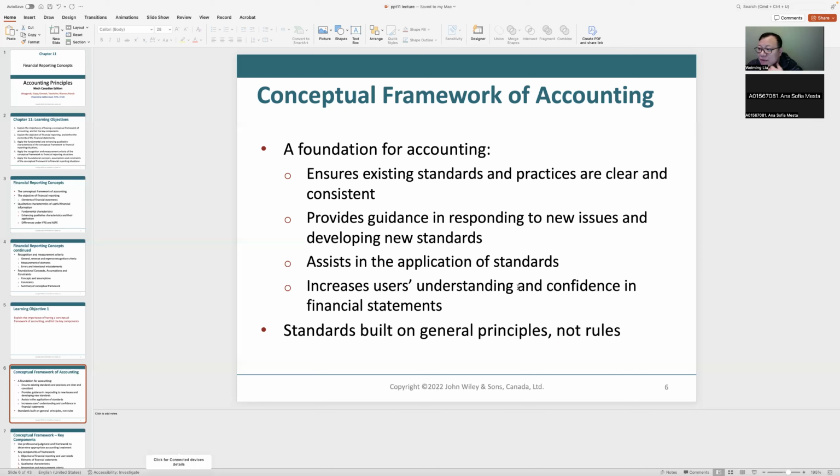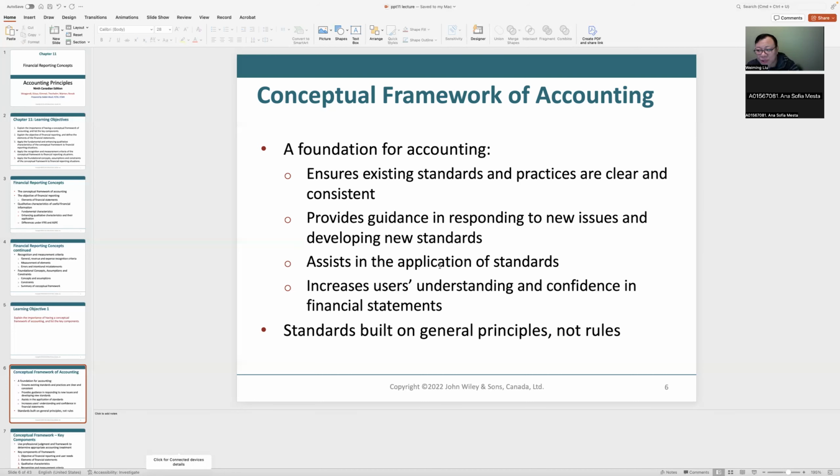So it's important to have a common ground in terms of how to apply the standards. This increases the users' understanding and confidence in financial statements. If we have a common ground, the foundation for accounting, then the users of this accounting information will be more confident that your information is useful.